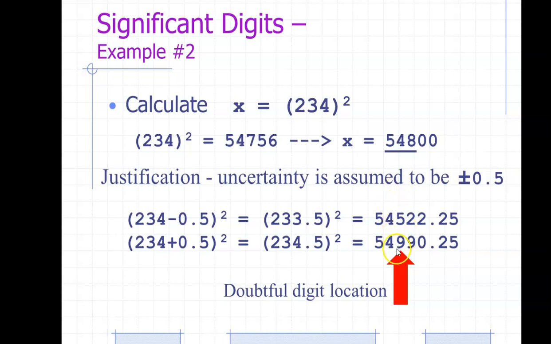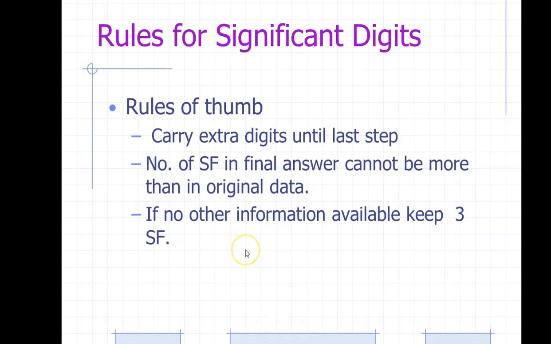So you can see that's the first one that's different. So that's the doubtful digit, and notice it's 1, 2, 3. So the rule is, if you're multiplying or dividing two numbers, you keep the number of digits in the answer as the smallest one in the ones you're using to multiply or divide.